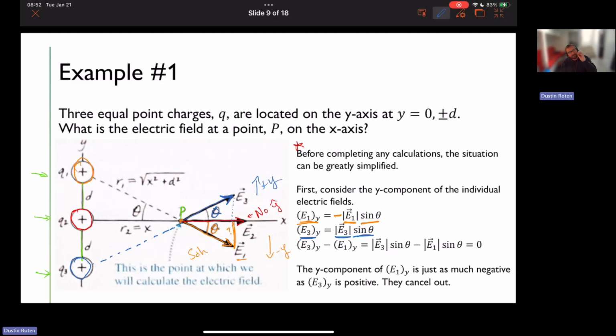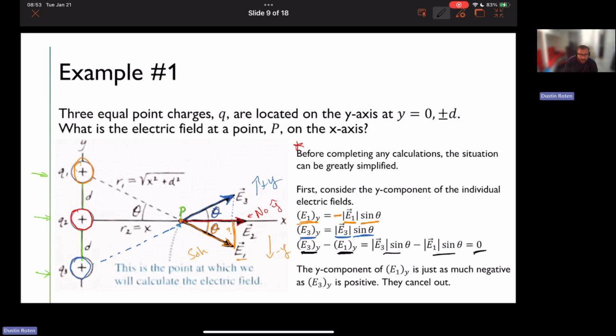Because this problem is very symmetrical, with the charges plus d and minus d away from the origin, you can use some common sense. We've got this positive piece pointing up from the third electric field, and if we subtract what's going negative, because E1 is in the negative y direction, they're essentially the same value, just one positive and one negative. Because of the symmetry, these have to be equal, so this is going to be 0.